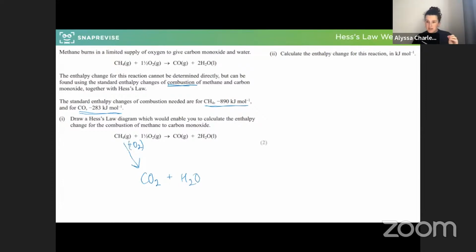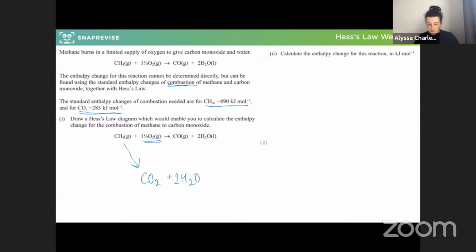So when I burn methane in oxygen, and when I combust methane, I'm forming carbon dioxide and water. I'm going to be forming 2 moles of water and 1 mole of carbon dioxide. Actually, I've got the O2 there, so I don't need to put it there. It's right next to it. So I don't even need to include it.